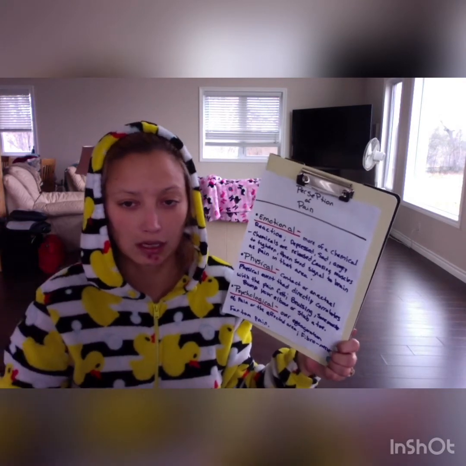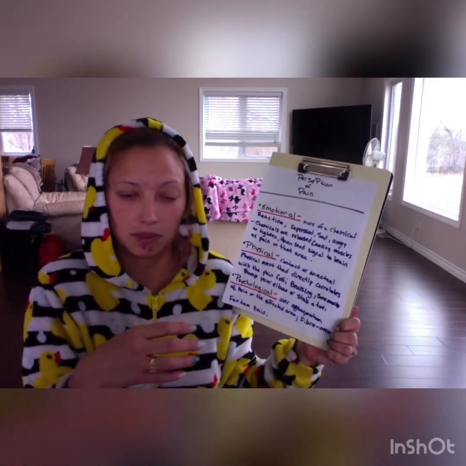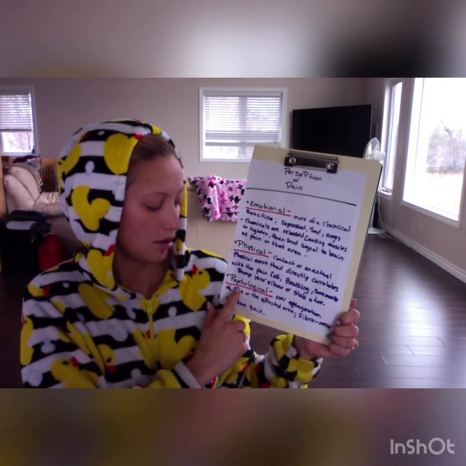Well, my whole side is feeling pain. That would be psychological, because they didn't injure that area, as with the physical, and it shouldn't be tensing up due to a chemical, so that would fall under the psychological.